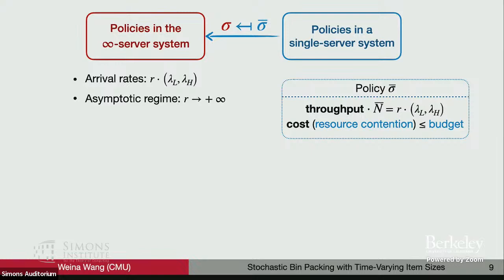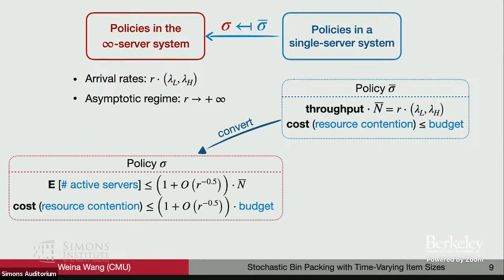So what is n bar? Like I said, if a server acts as a single server in the original system, n bar is the number of copies of this single server we need to satisfy all the demand here. Indeed, when we convert the policy, we show that this number n bar will be basically an upper bound on the number of active servers in the original system.